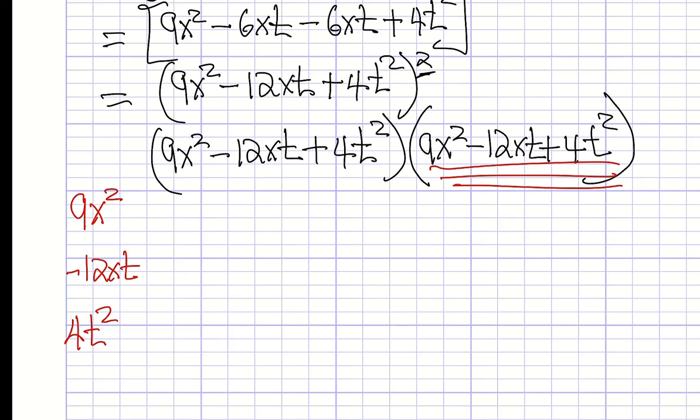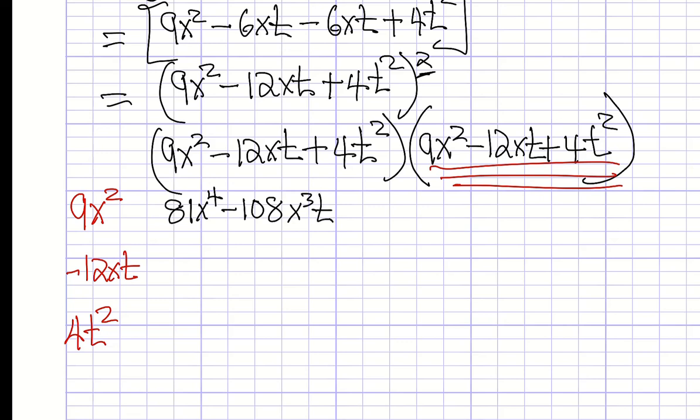9 times 9 was 81, so that will be 81x raised to the power 4, right? And then 9x squared times 12xt. 9 times 12 is 108, that would be negative 108x raised to the power 3, and then t.